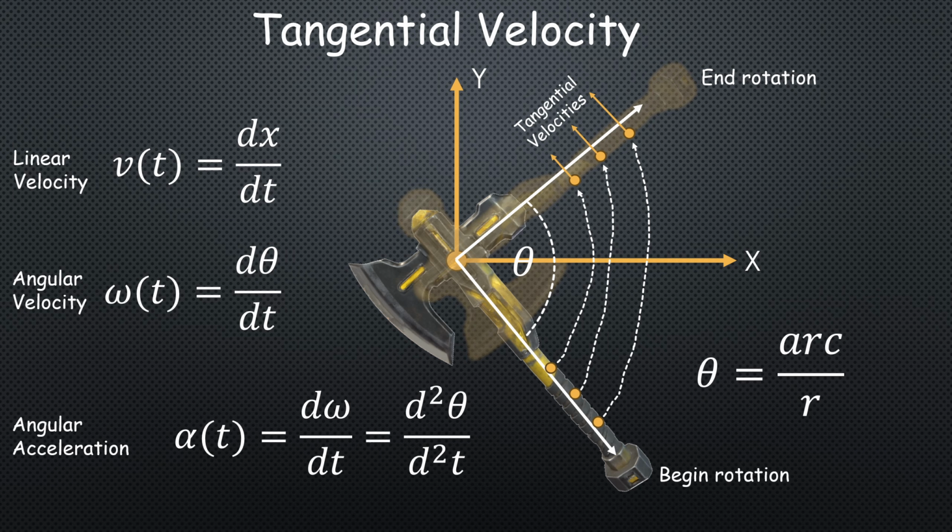Obviously, the tangential velocity of a point which is further away from the center of mass is greater than the velocity of a point closer to the center. This is because for a given theta angle, the further you are from the center, the longer you need to travel to complete the arc corresponding to that angle.